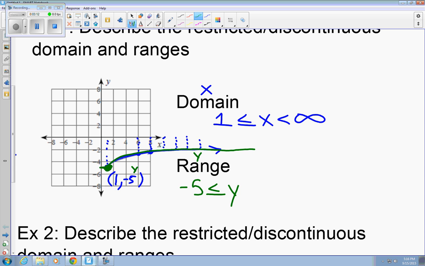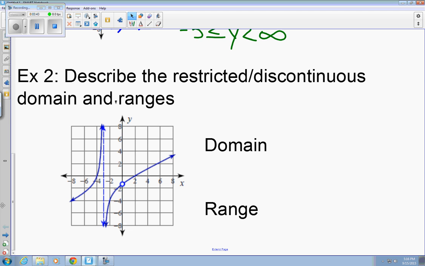There's an arrow on it, so it's continually going up as it goes to the right, and the up portion is infinity. It'll continually rise above the x-axis, eventually into positives, and go to infinity. So this is your domain and range for this graph.